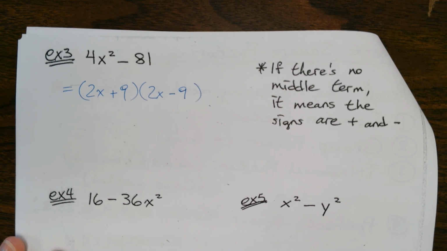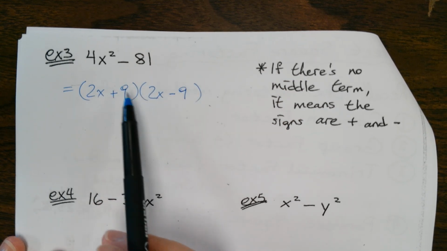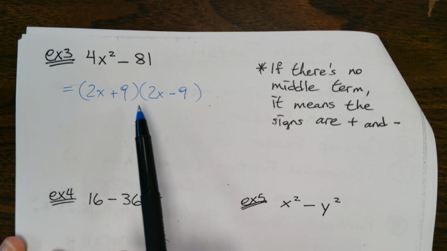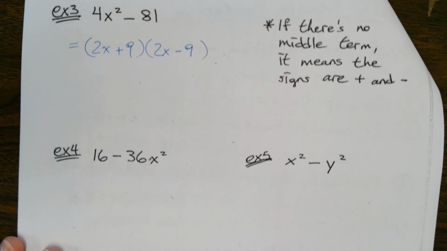We can think of this as the middle term having a coefficient of 0. It's also because when you do FOIL, you have the 18x minus 18x, and so that's why the middle term is canceled as well. All right.